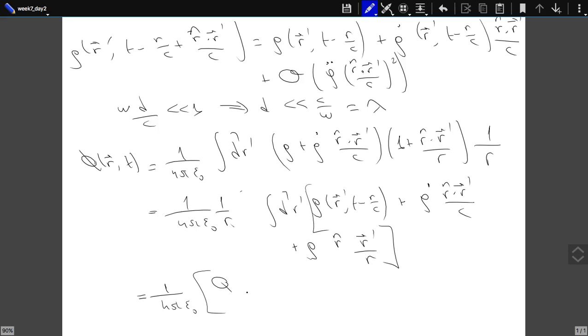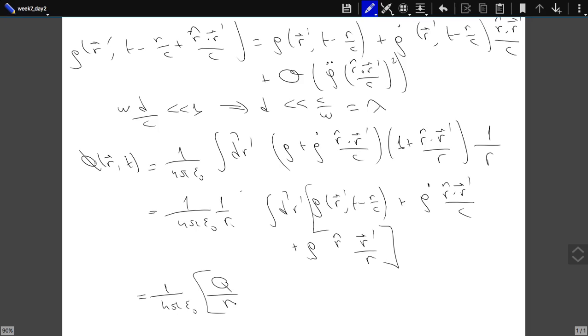All the charges are there, currents running in the system, but no current is leaving my system. So I'm just looking at a localized charge distribution with a localized current distribution. So Q is independent of time. The total charge is conserved. The charge at the time t minus r over c is the initial charge, whatever charge the system has. So this integral is Q, I have the 1 over r.